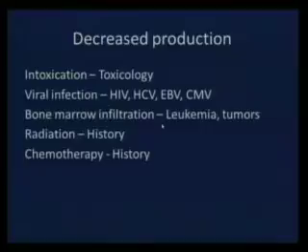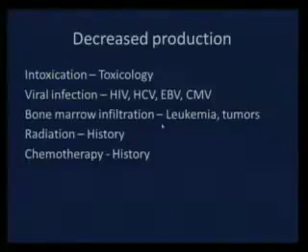Decreased production. Where do we see decreased production? Intoxication. If the patient is intoxicated, the patient has been consuming a lot of alcohol, the patient is on drugs, yes, production has been decreased. Viral infection, HIV, hepatitis C, Epstein-Barr virus, cytomegalovirus, these are the commonest viruses which cause decreased production.